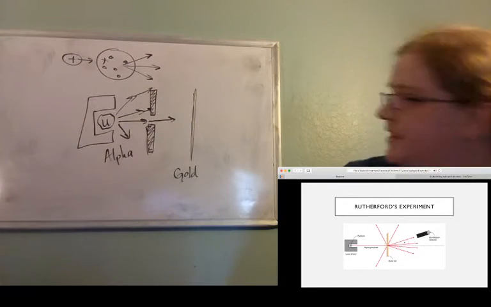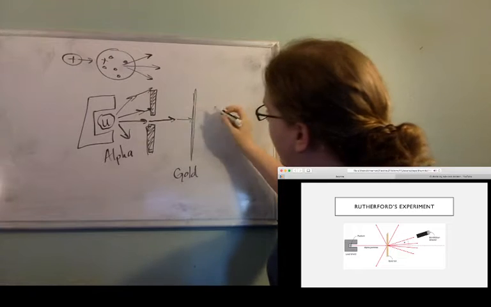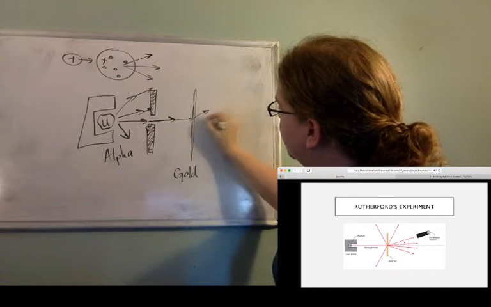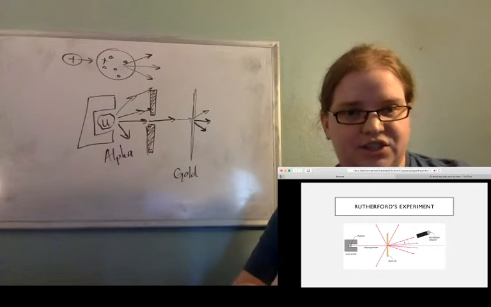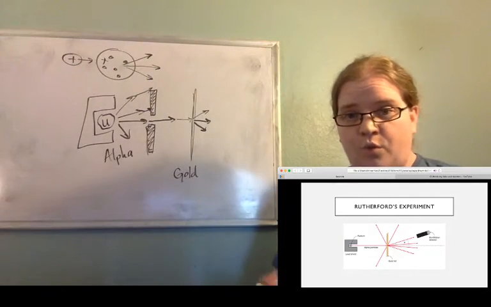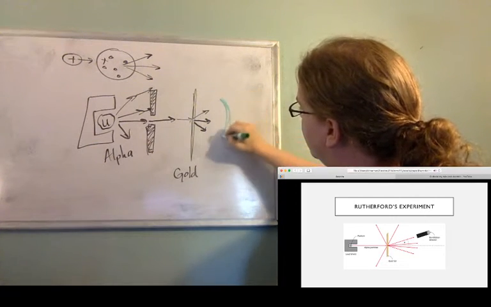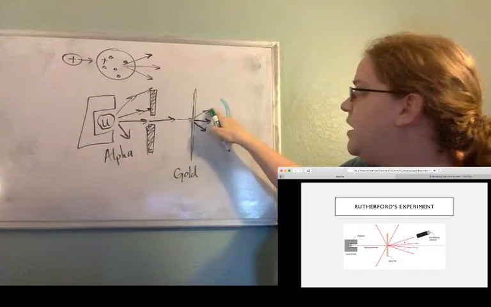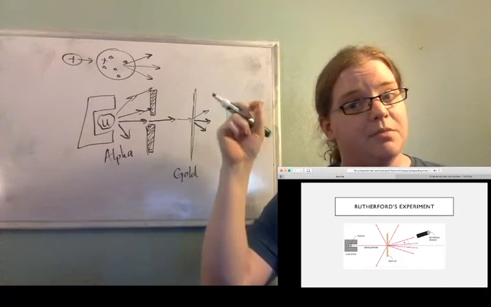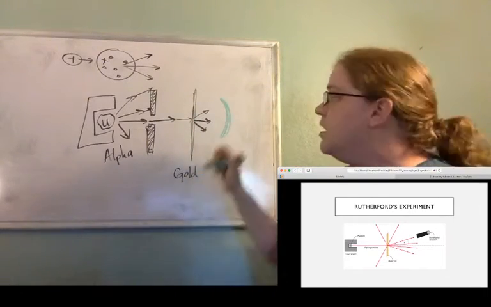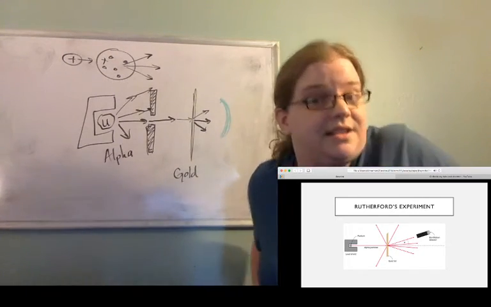And so basically they were like, yeah, these alphas are going to come in, and some of them will go up a little bit, and some of them will go through, and some of them will go down a bit. And so if we put some detectors here, something where when the alpha particle hits it, it'll ping it, leave a little dot or something, some way of knowing that something hit it there, they can detect it.